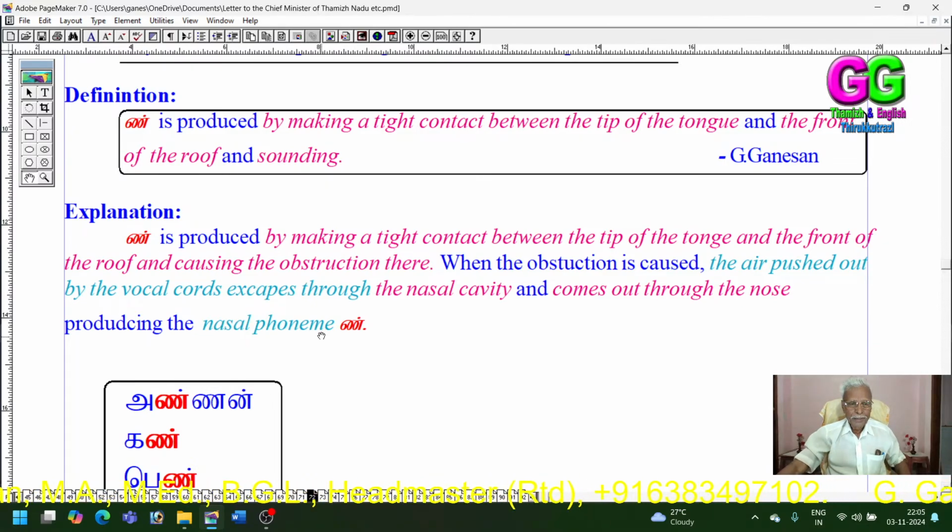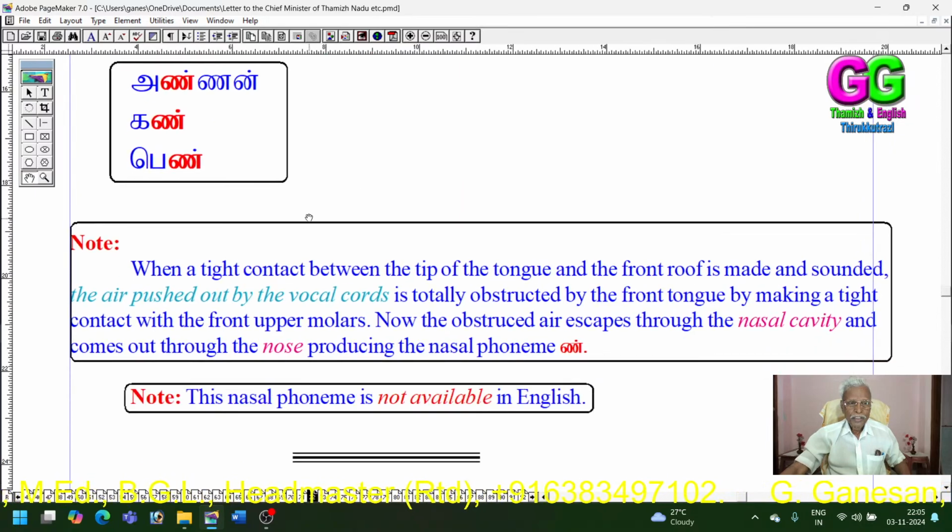See the research. When a tight contact between the tip of the tongue and the front of the roof is made and sounded, the air pushed out by the vocal cords is totally obstructed by the front tongue making a tight contact with the front upper molars.